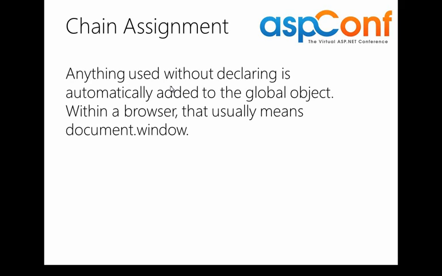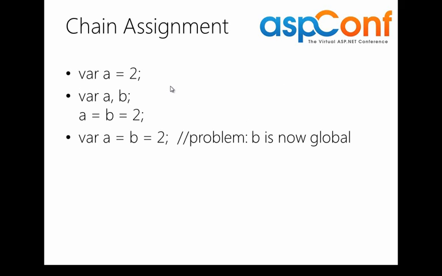And within a browser, that usually means document.window. So when we run this, what's going to happen is that since b hasn't been declared, as in we don't have a var b anywhere, b is going to be a global variable on document.window with a value of 2, and a would be a local variable with a value of 2.